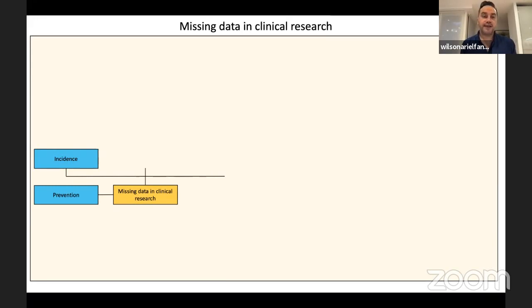This is the ideal scenario, but unfortunately it's really, really uncommon. So I would say the chance of the incidence is really high. In the literature, I saw before this presentation that something like 95, 97% of clinical trials usually have, to some extent, missing data.